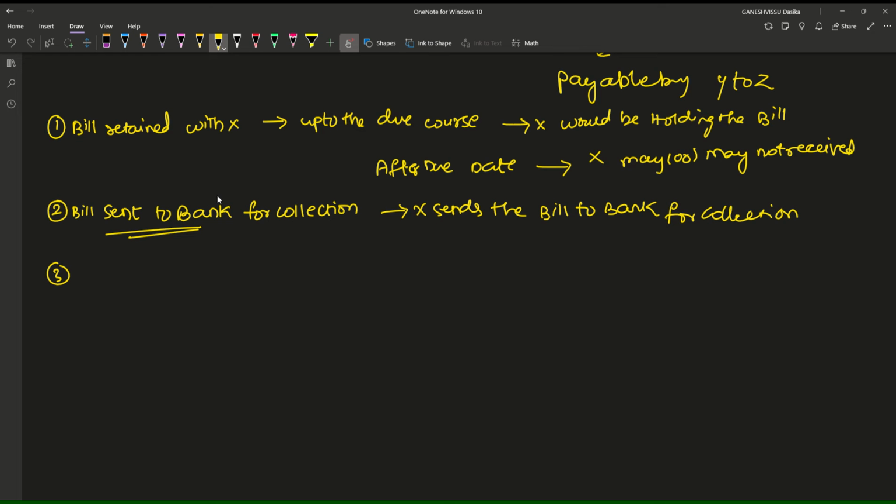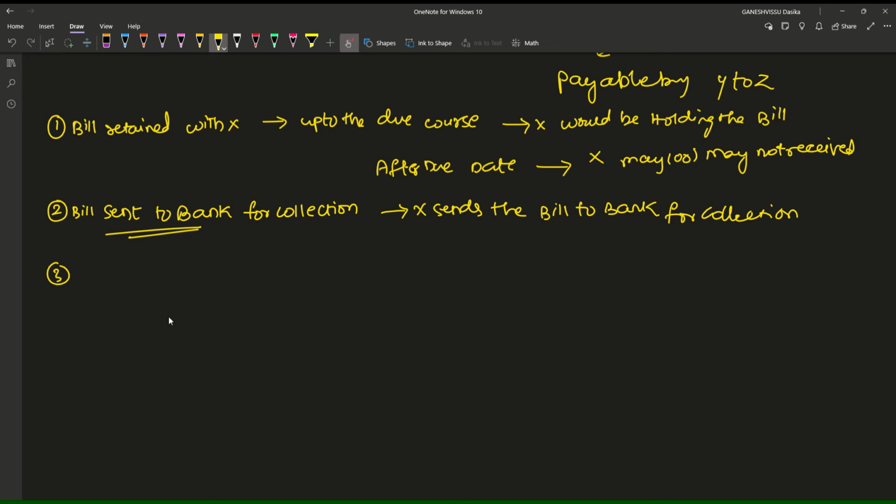Journal entries would be easy if we understand these situations. If we can imagine the things virtually, then writing the journal entry is a simple task. This is bill sent for collection to bank.